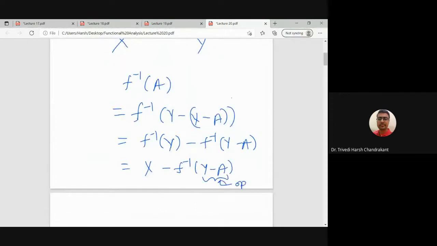Since f is continuous, its inverse image is open, because the inverse image of an open set is open, and then its complement is closed.